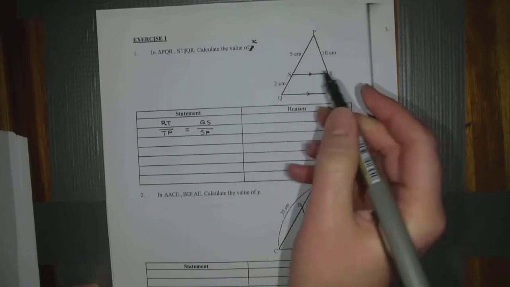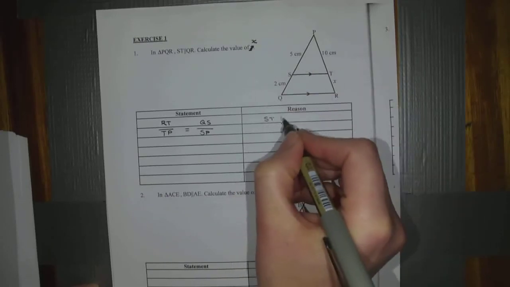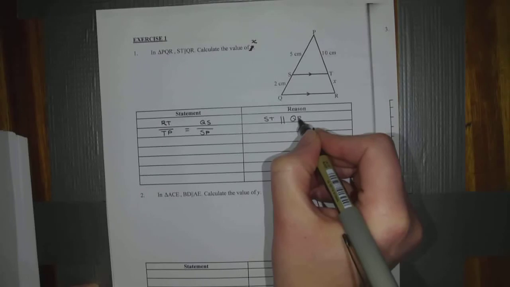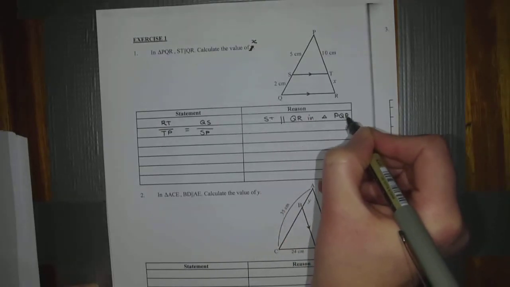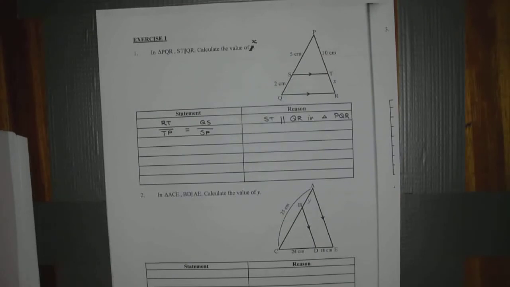And that's just going to be the line ST is parallel to the side QR in triangle PQR, or you could just say prop division theorem, proportional division theorem. I prefer that one where I just state this line is parallel to that side in this triangle.